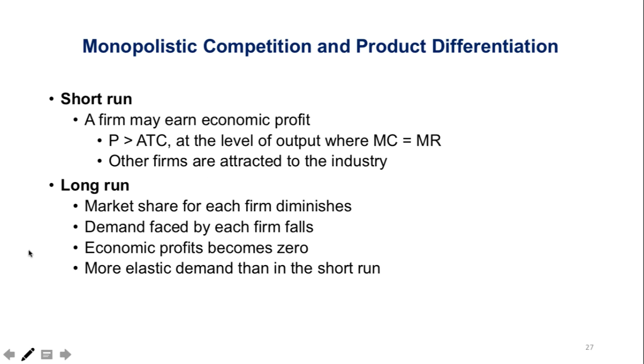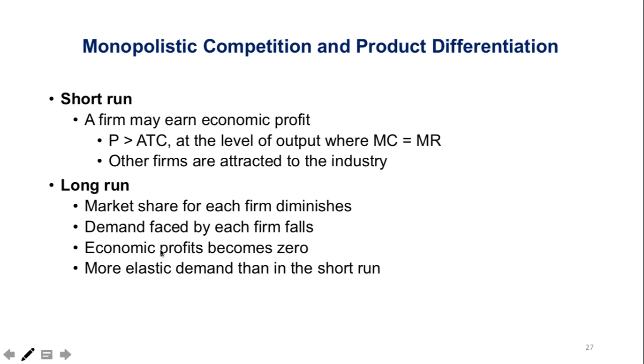Now, in the short run, in monopolistic competition, a firm may earn economic profit. They may set their price higher than average total cost at the level of output where marginal cost is equal to marginal revenue. The other firms see there is a profit, and they enter the market because there are no barriers. They enter the market and produce a similar product, generic aspirin, and in the long run, the market share for each firm diminishes.